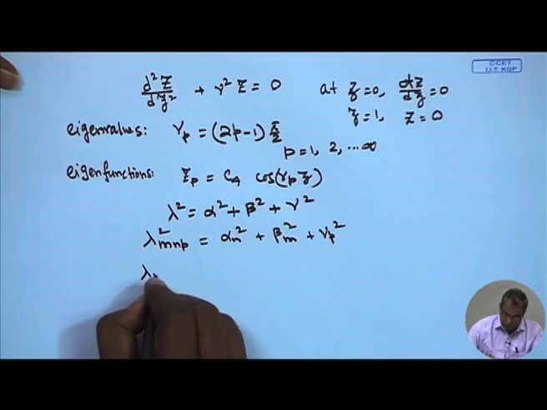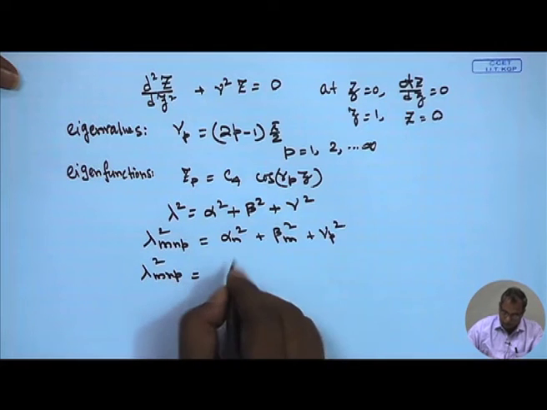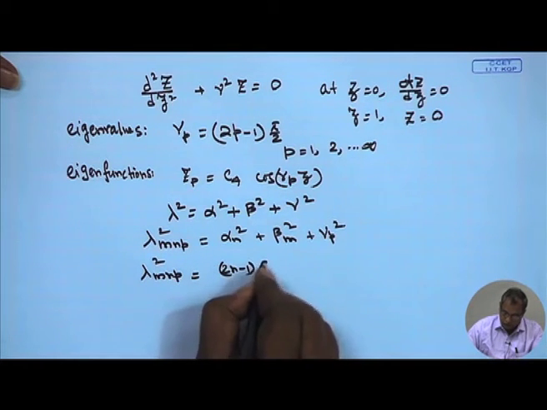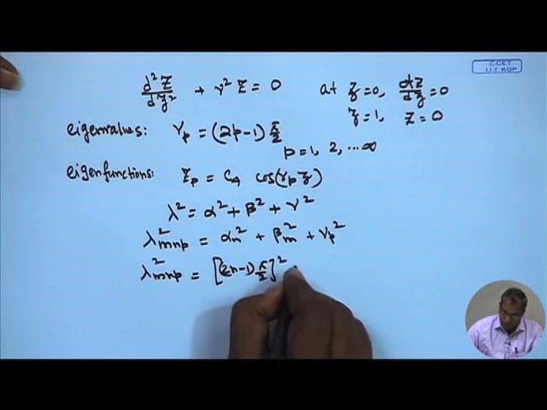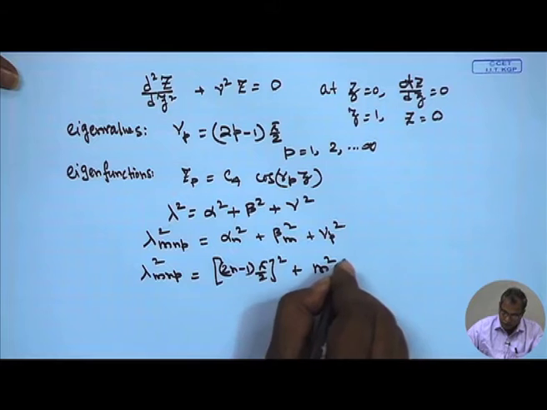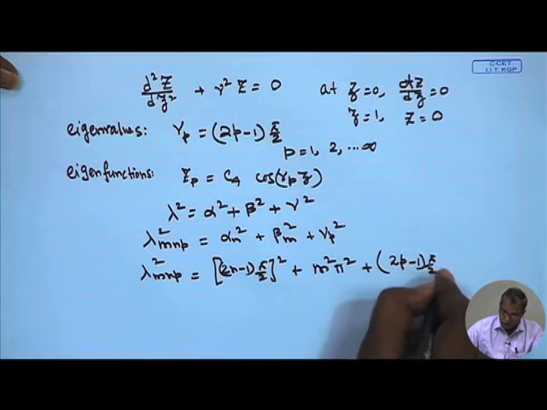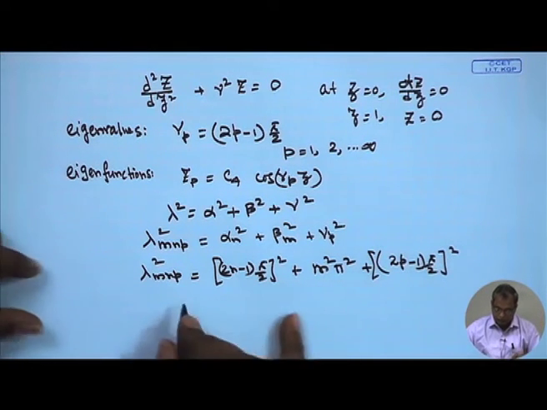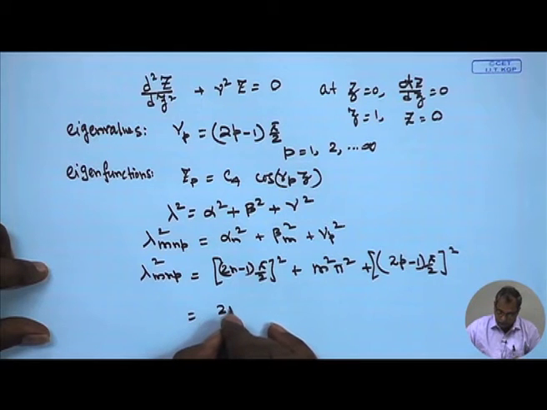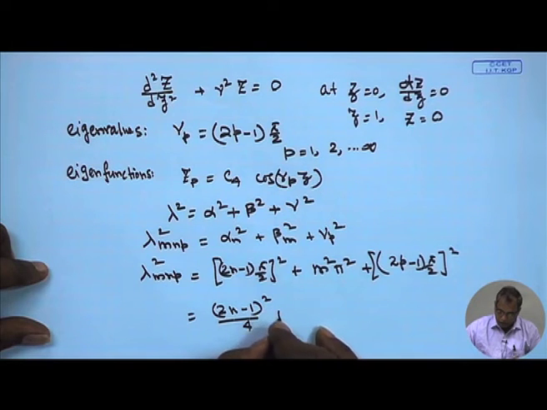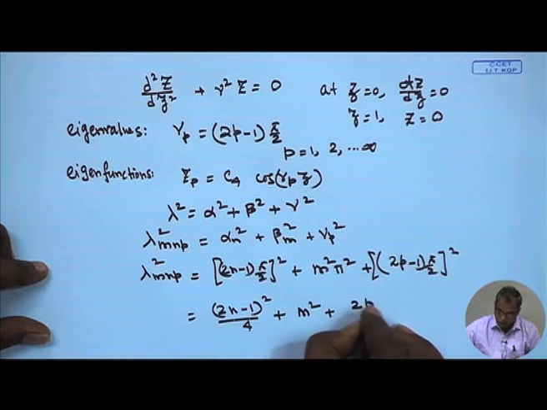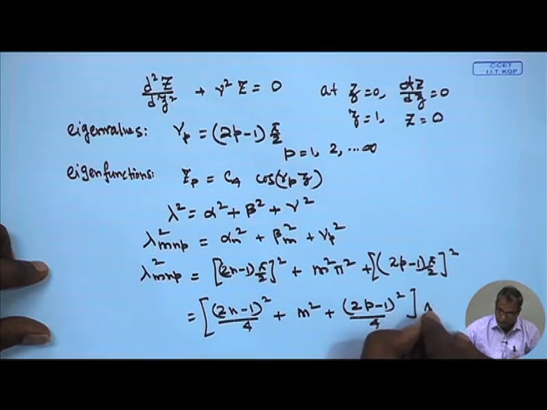Alpha n was 2n minus 1 pi by 2 whole square, beta m is m pi, so m square pi square, plus 2p minus 1 pi by 2 whole square. So, this will be 2n minus 1 square by 4 plus m square plus 2p minus 1 square by 4, whole thing multiplied by pi square.